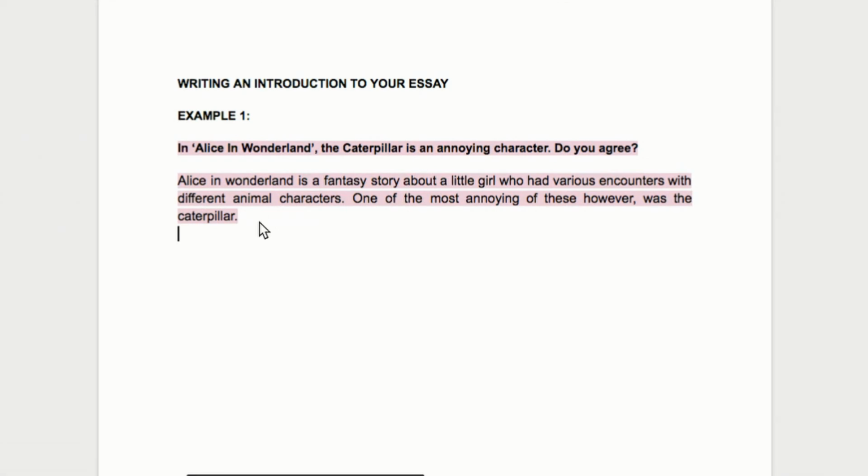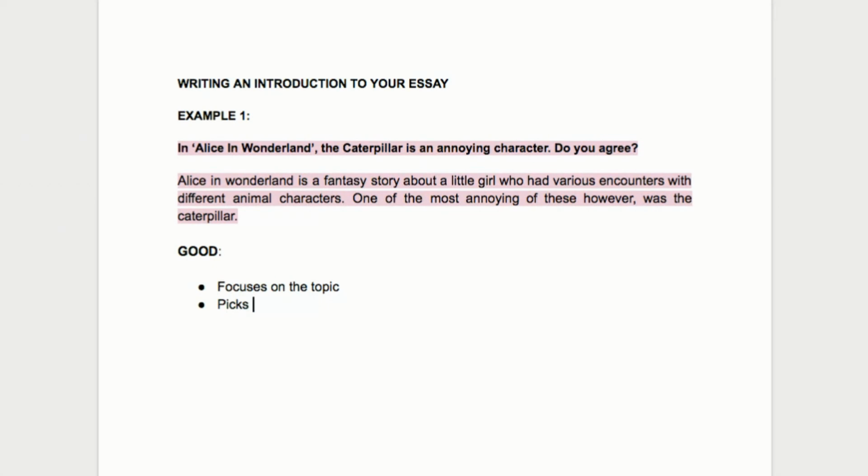So you can compare your notes now with my own notes. What I think personally is good about the introduction of this essay is that it focuses on the topic. So it's not just really general, it is focused on that question. It picks a side.